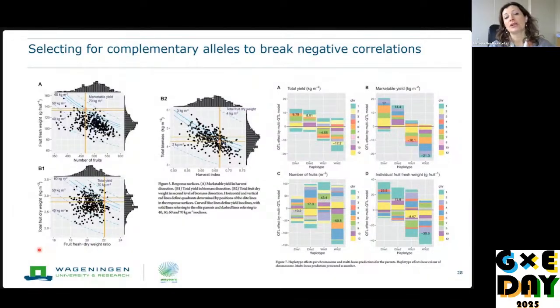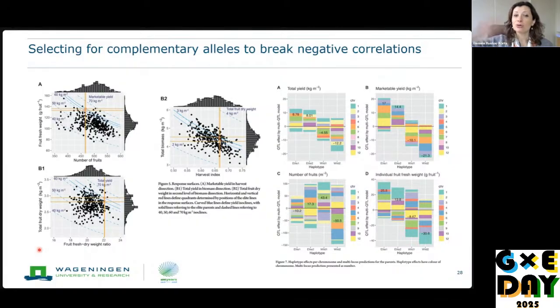The same happens in other species. For example, I work in wheat, and we see if we have more grains, the grains become smaller. So this is not exclusive to tomato, but in many species we try to improve one trait and then the other one is reduced. And then we have a compensation and we end up with the same yield. And we don't want that.